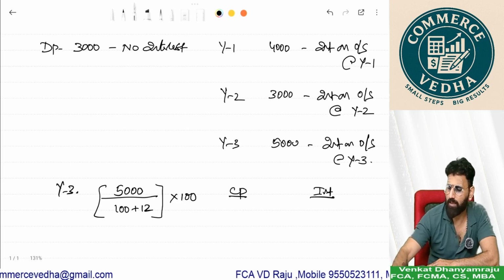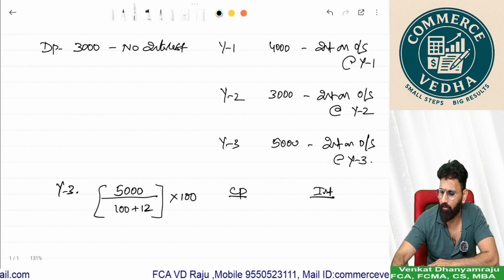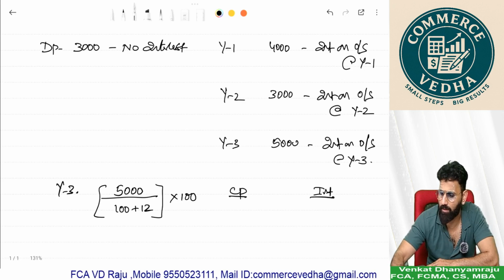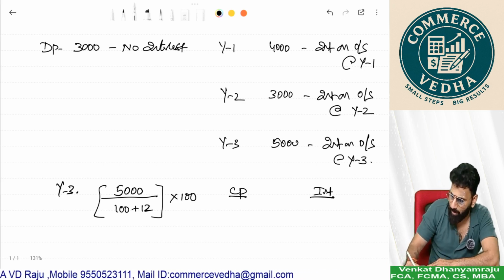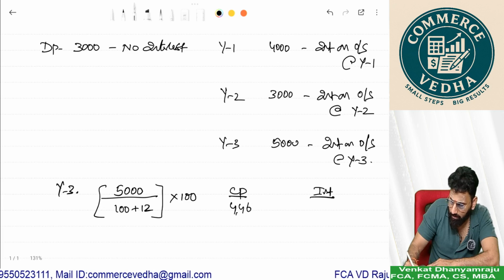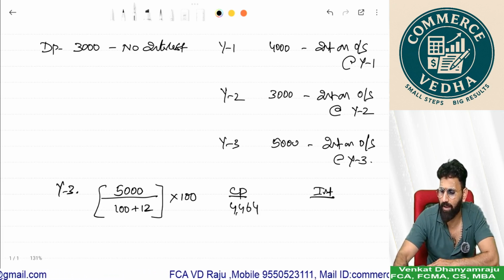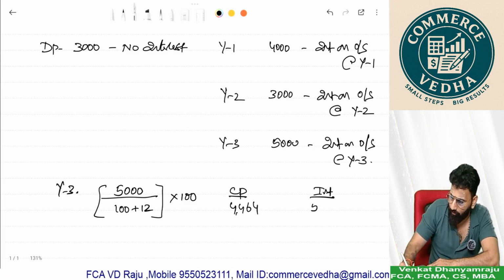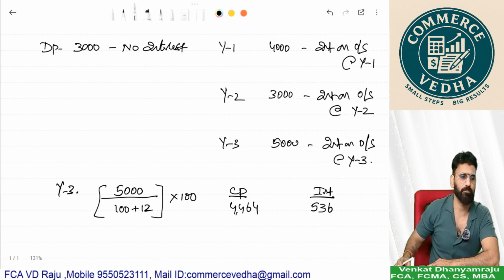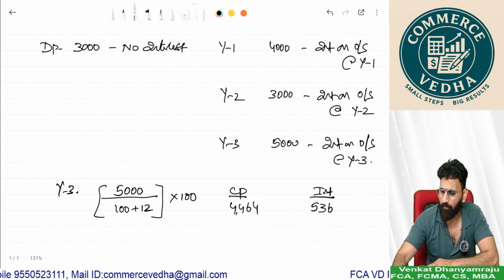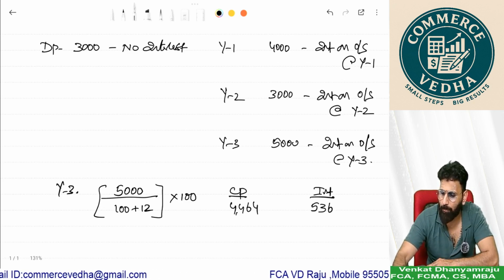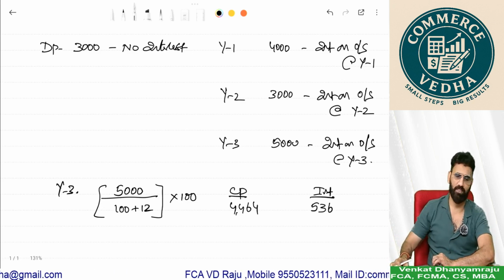My cost price is 5,000 by 112 into 100, which is 4464. Hence my interest is 5,000 minus 4464, 536, or directly 4464 into 12%, I get 536.